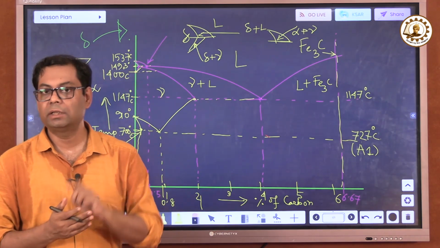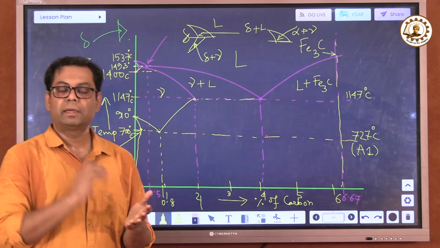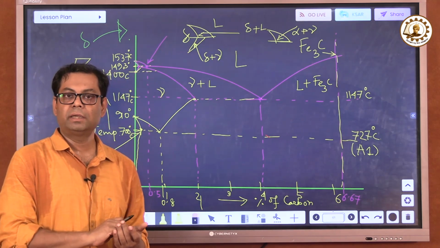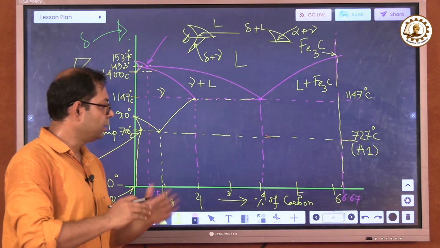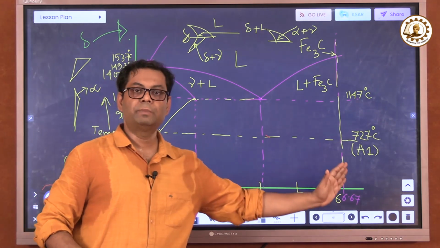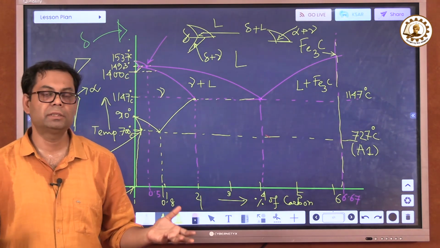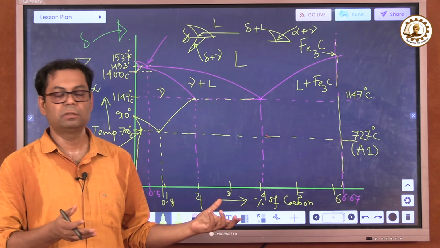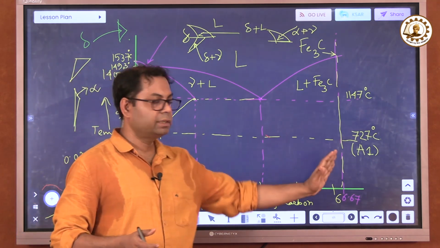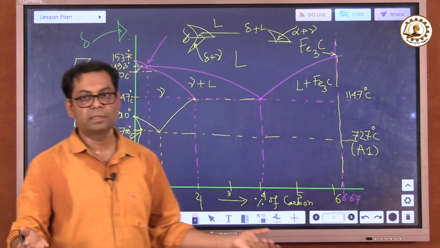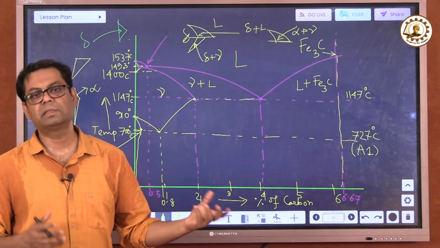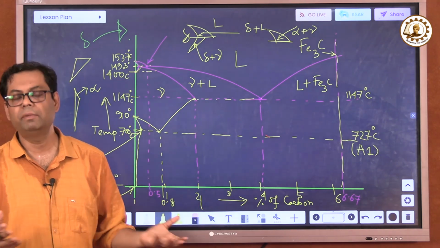There are 4 types of cast iron known: ductile cast iron, malleable cast iron, grey cast iron, and white cast iron. But from 4% to 6%, there are so many irregularities that we don't have much control over it. So it is not possible for us to consider this portion for any industrial or specific application. We don't have any control over it.